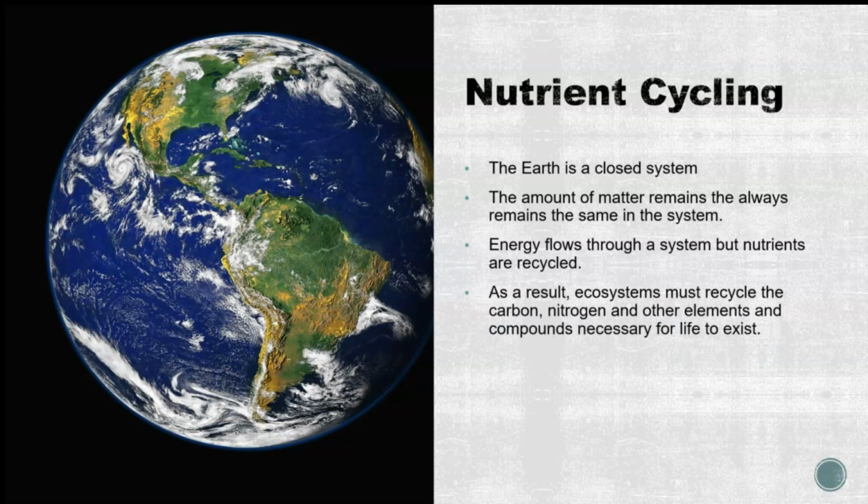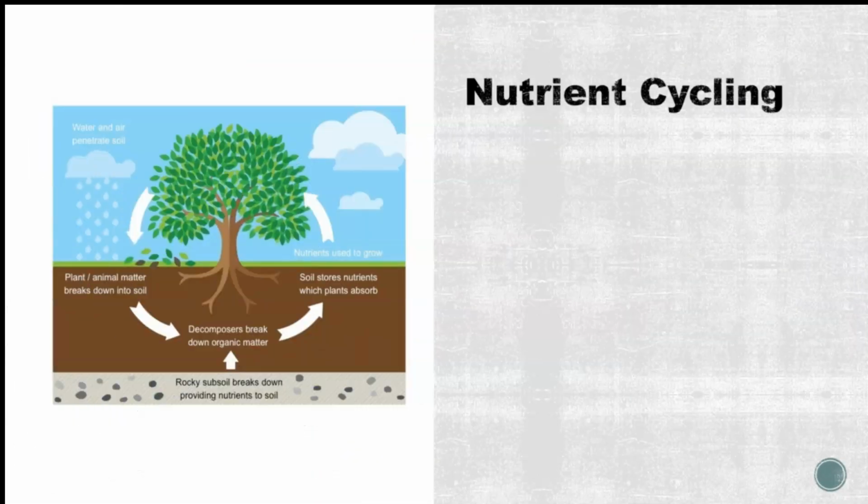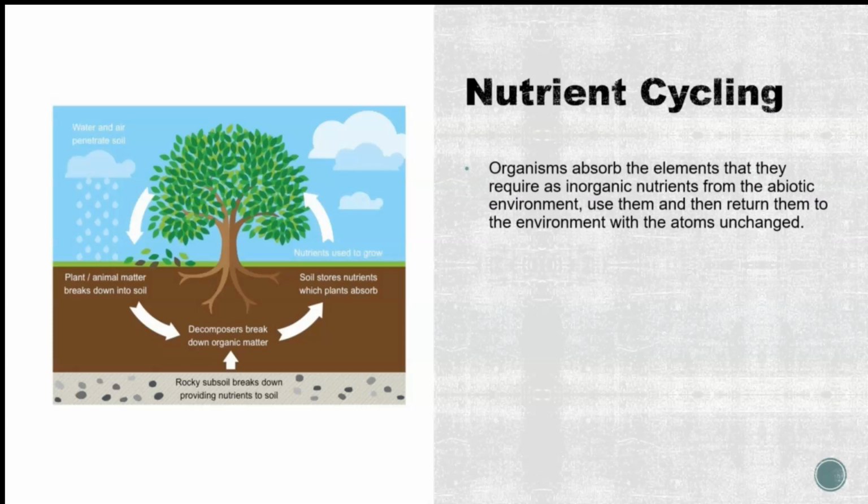As a result, ecosystems must recycle carbon, nitrogen and other elements and compounds necessary for life to exist. And we'll look at some of those cycles. Organisms absorb the elements that they require as inorganic nutrients from the abiotic environment.